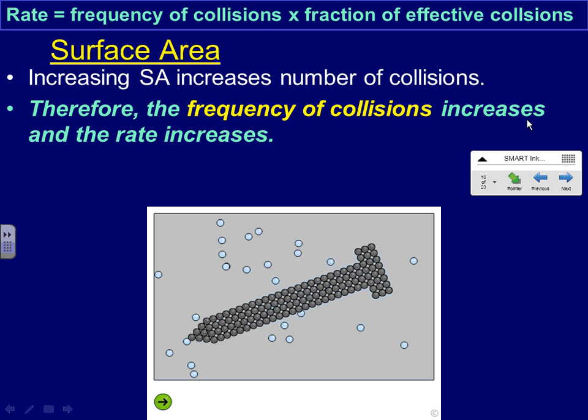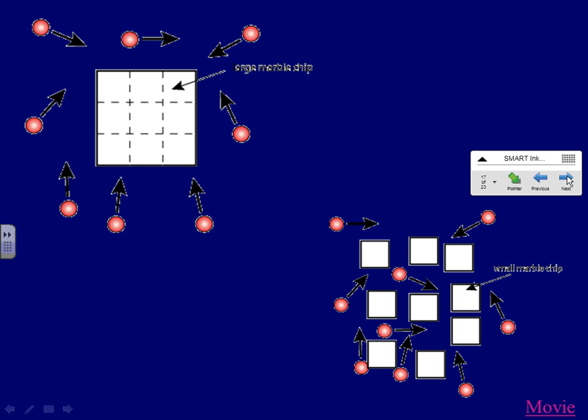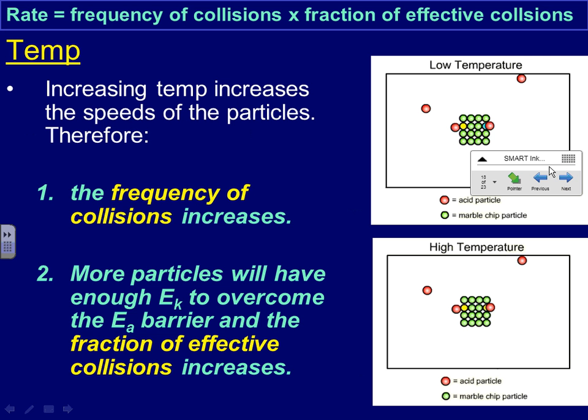Okay? Again, there's just a little representation. If you've got it in a large cube, you can only have collisions with the surface. You break it into smaller pieces, you can have collisions all over those surfaces, increasing the rate of collisions.